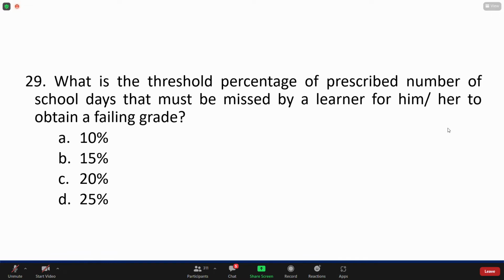What is the threshold percentage of prescribed number of school days that must be missed by a learner for him or her to obtain a failing grade? A, 10%. B, 15%. C, 20%. D, 25%.